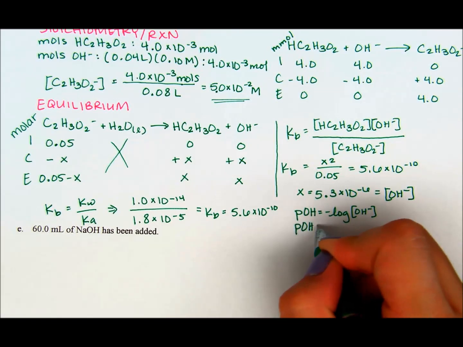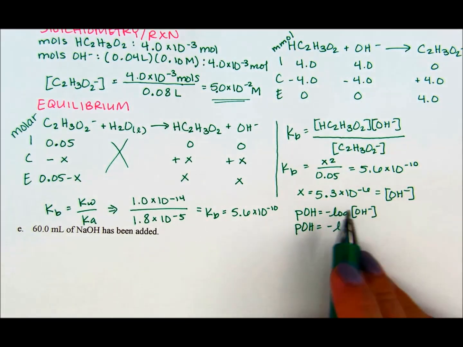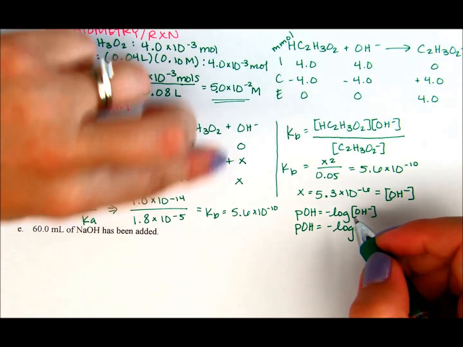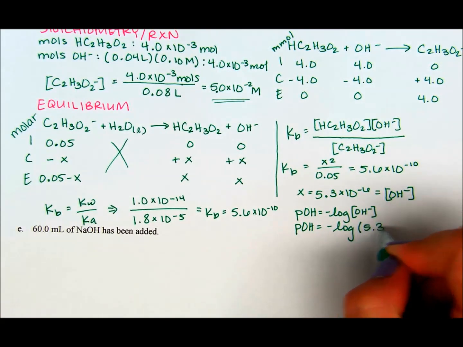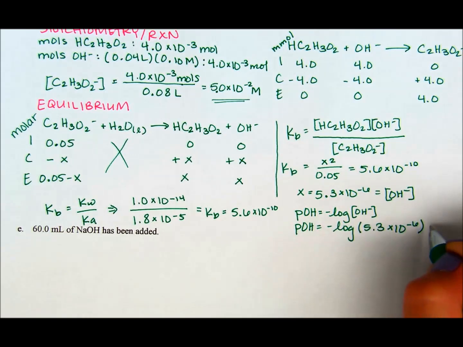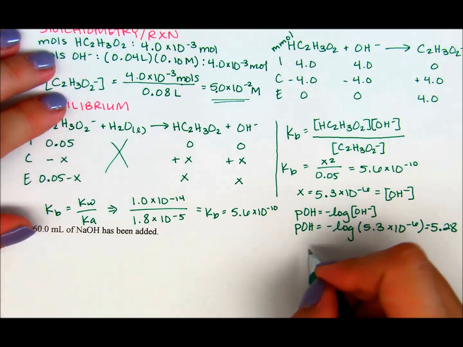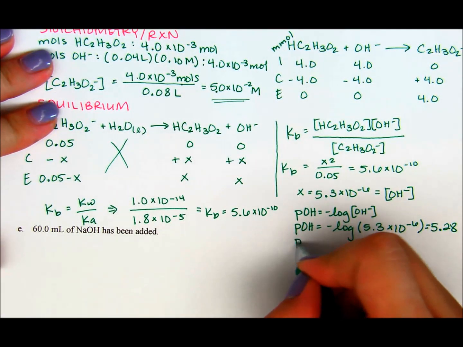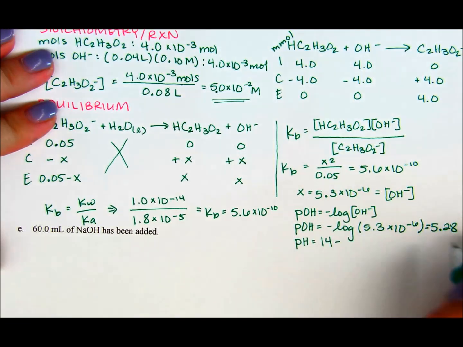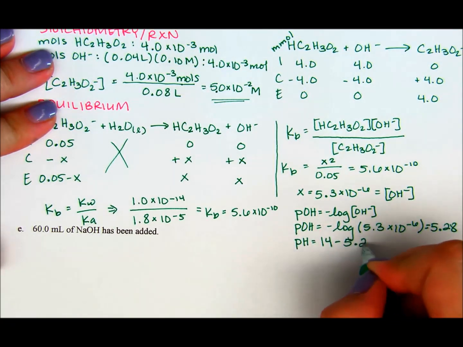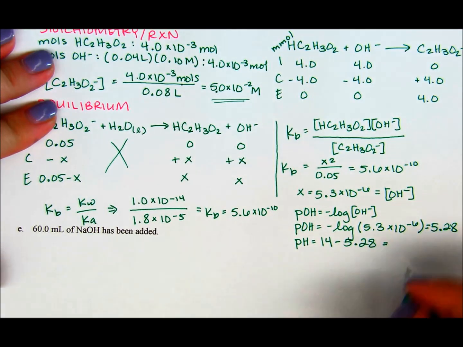So our pOH is equal to the negative log of 5.3 times 10 to the negative 6, which should equal 5.28. Now, remember, the problem is asking us for pH, not pOH, but we can go directly from one to the other by subtracting from 14. So pH equals 14 minus 5.28, which is equal to 8.72.